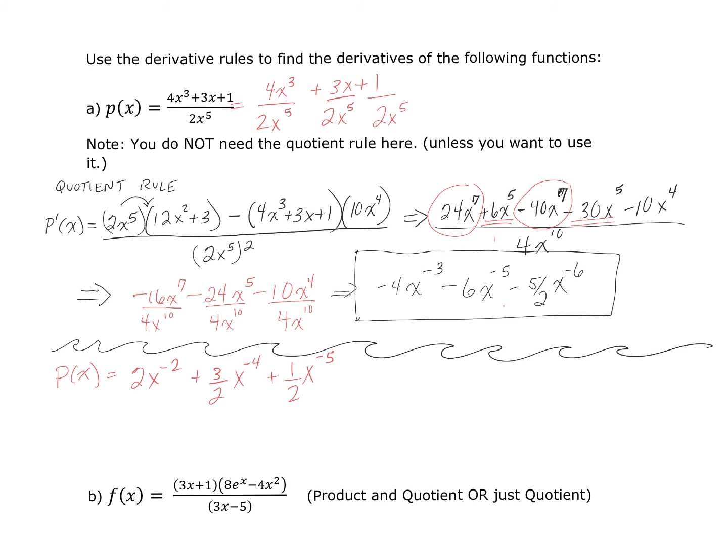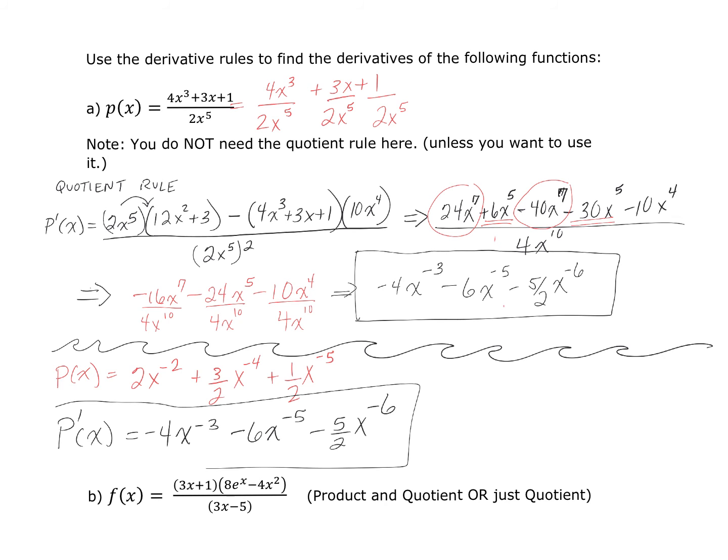And then when I take the derivative, p prime of x, I get negative 4x to the negative 3 minus 6x to the negative 5 minus 5 halves x to the negative 6, which you can see is the same result I got here. Now in this particular case, we didn't have to use the quotient rule. We could have done it the simpler way.